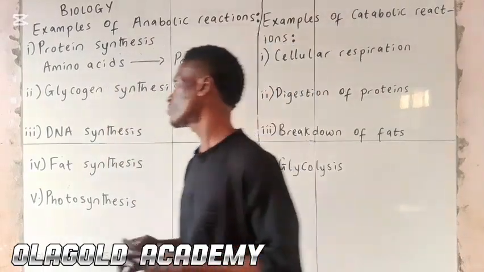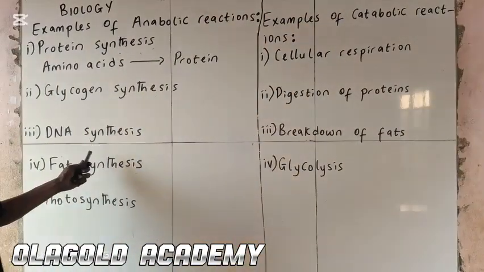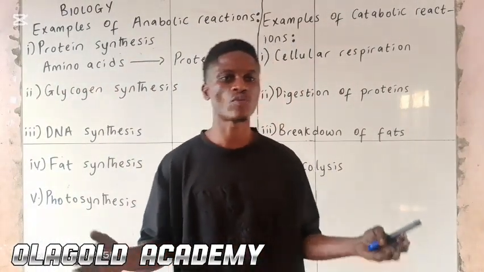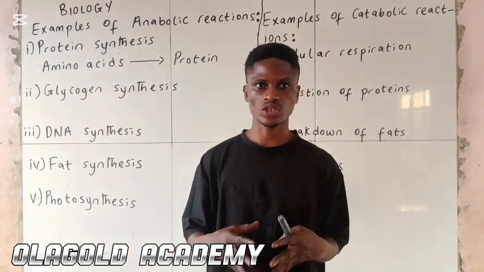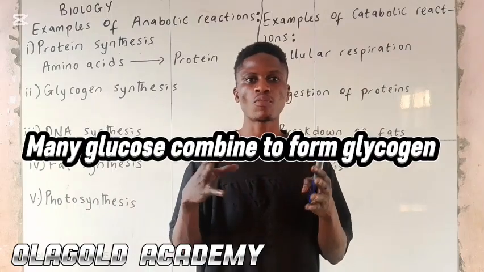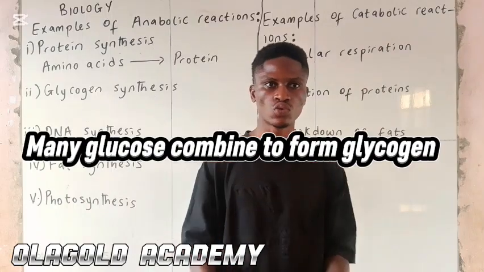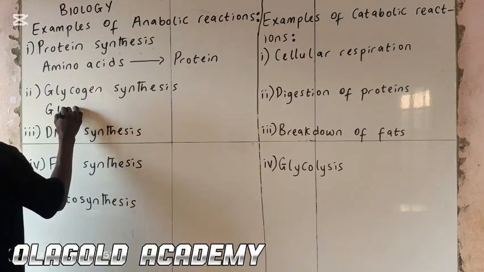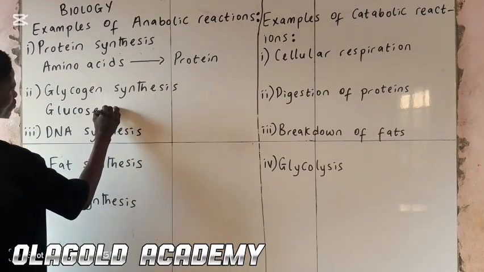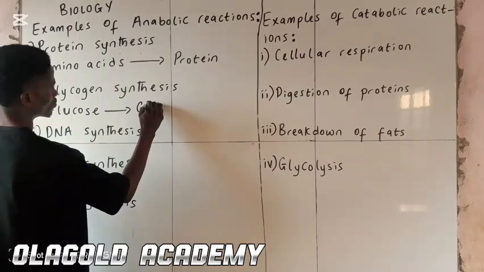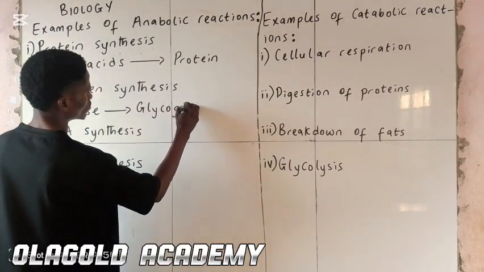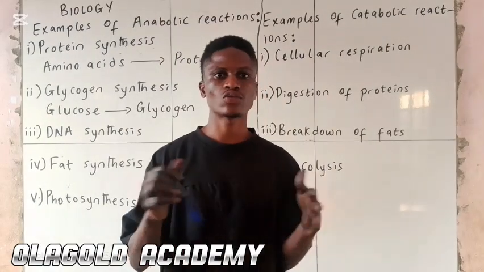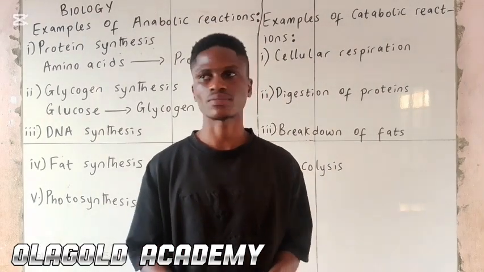Number two, we have glycogen synthesis. Glycogen synthesis is about the formation of glycogen. Now, what combines to form glycogen is the glucose. So, glucose combines to form glycogen.